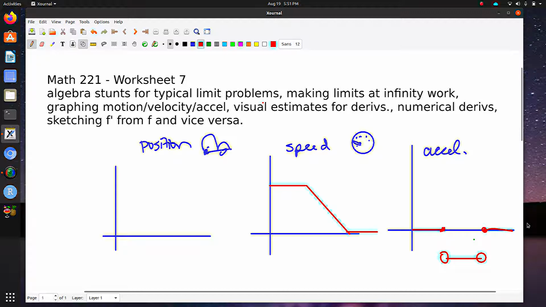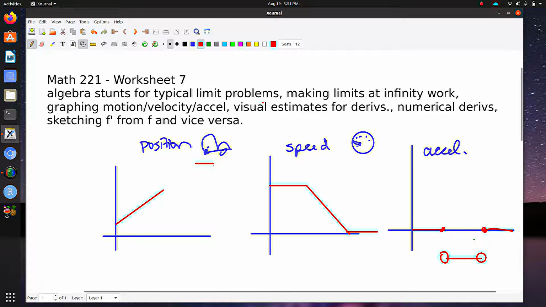Okay? What would the position look like? Well, first of all, you're traveling at a constant clip, so you're just going like a line. But as you're slowing down, you're still making forward progress. It's just a lot slower. So let's just say, what do you do later? Your position later is just going to be constant.